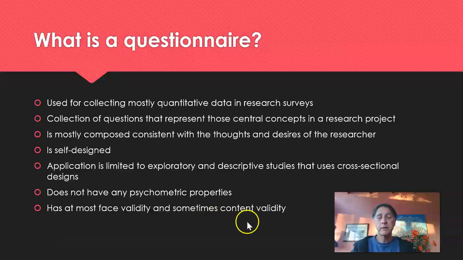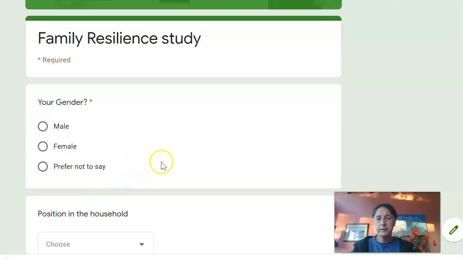So it's not to say that questionnaires are totally useless for studies, but you must understand the limitations of a questionnaire, namely that you can basically only do exploratory and descriptive studies with a self-designed questionnaire. So I now would like to show you an example of a self-designed questionnaire.